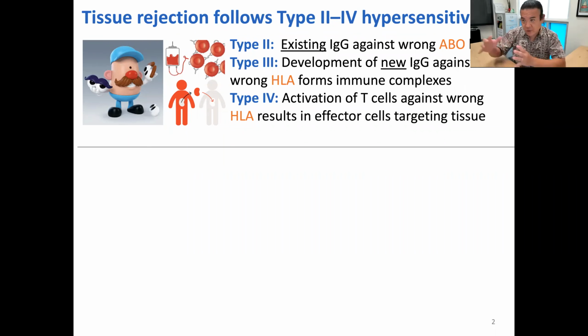And importantly, if you're talking about solid tissue transplantation, because solid tissues are filled with blood vessels, right? Not only would there be blood cells in there, but also the walls, the endothelial cells of things like capillaries also express ABO antigens on them.